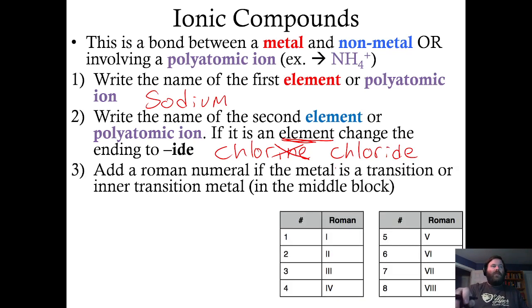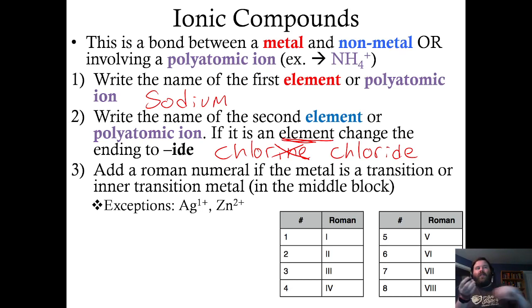Okay. And then if it's a transition metal, basically from the middle of the periodic table, you add a Roman numeral to indicate its charge. And there are two exceptions to this. Silver is always going to have a +1 charge, and zinc is always going to have a +2 charge.